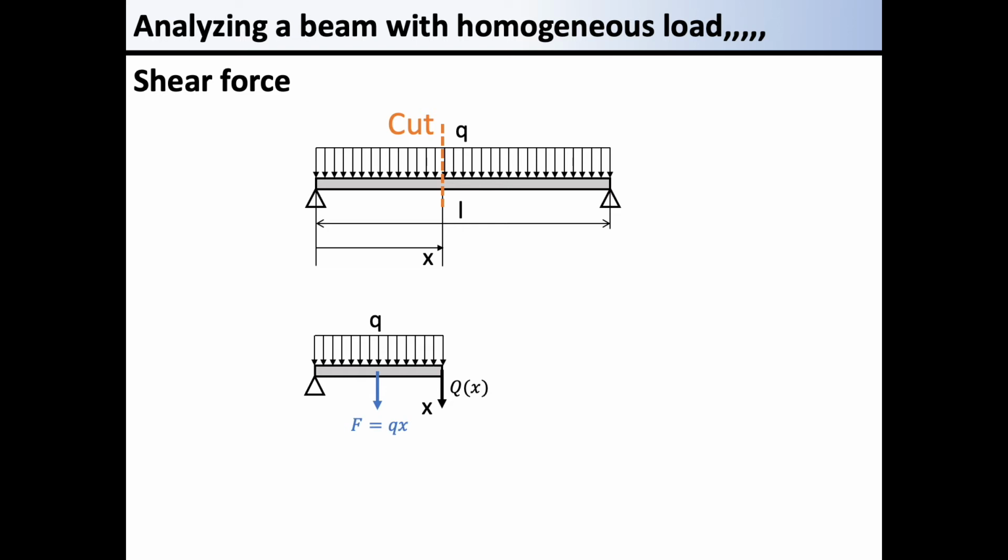The point here is that the total distributed load is approximated as a load at the center of gravity. Now, we are considering loads on this section of the beam. One is the reaction force QL over 2, and another is the distributed load acting downward Qx.